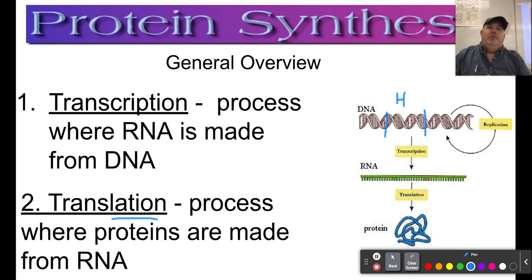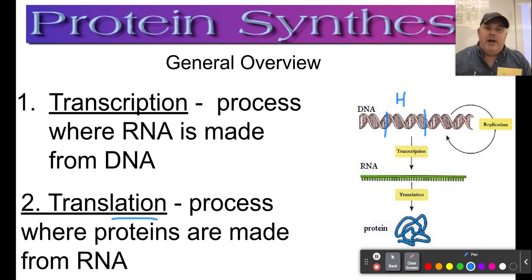I always think of transcription as like a physical copy. So if I go down to the counseling office and ask for a transcript, they're going to give me a physical copy of all my grades here at Hopkins. And then you can bring that transcript home and translate that to your parents or other people saying, well, what does a B in honors biology mean? Well, a B in honors biology, Harris is a really tough grader.